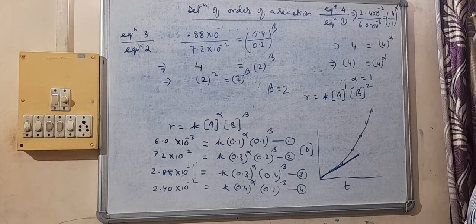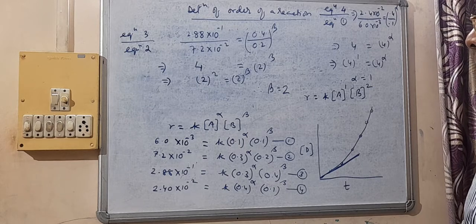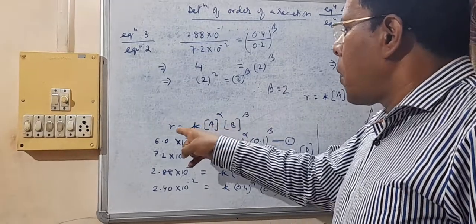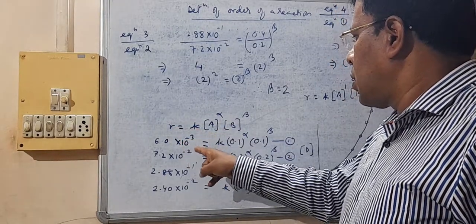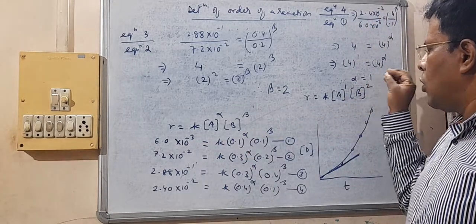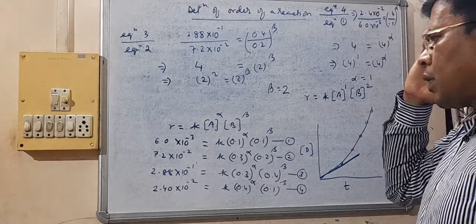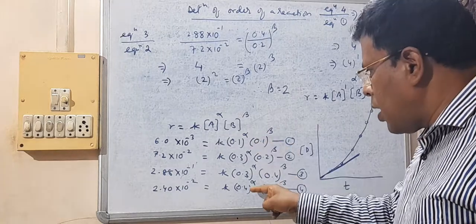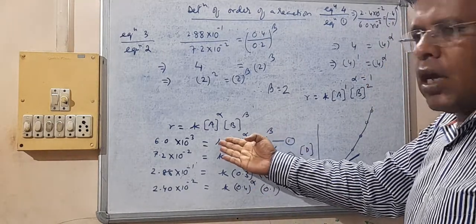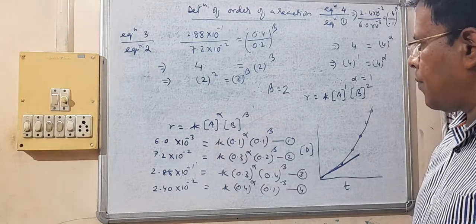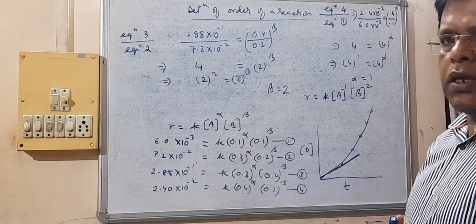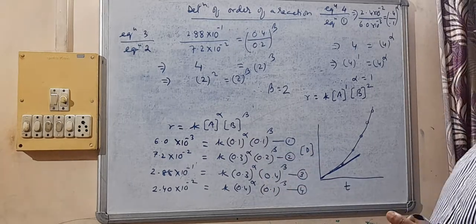How we can find the value of rate constant is, once we have got the values of alpha and beta, by using any one equation we can find the value of rate constant.